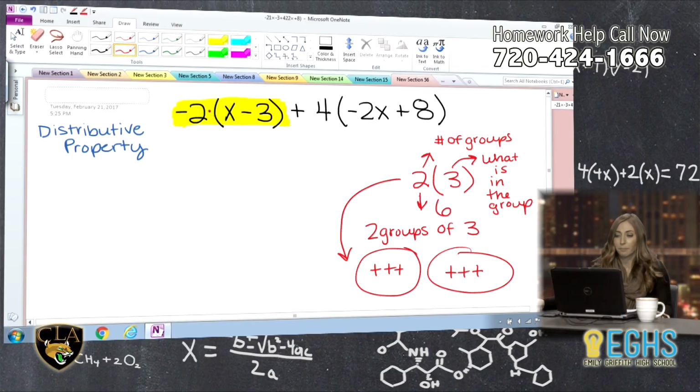Same idea here. This negative sign, I'll get to in a minute, but it means opposite of. So this is meaning 2 groups of x and -3.